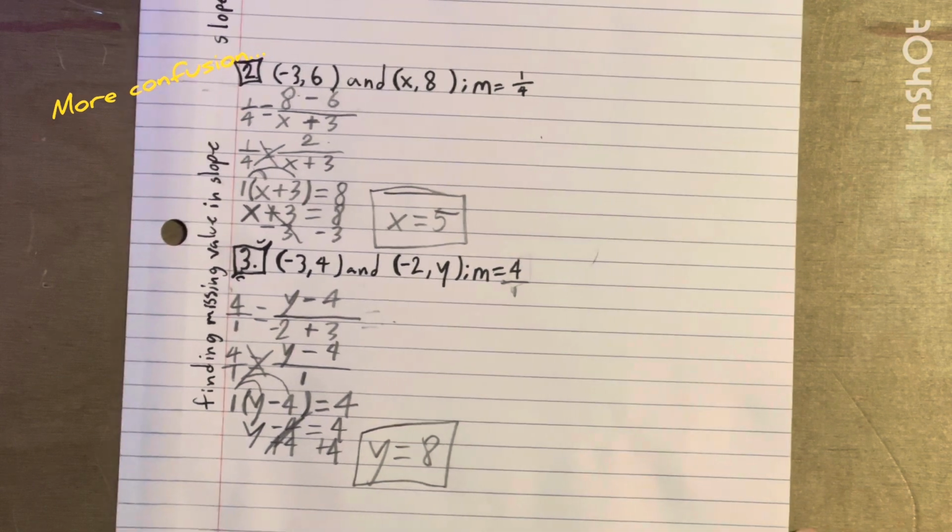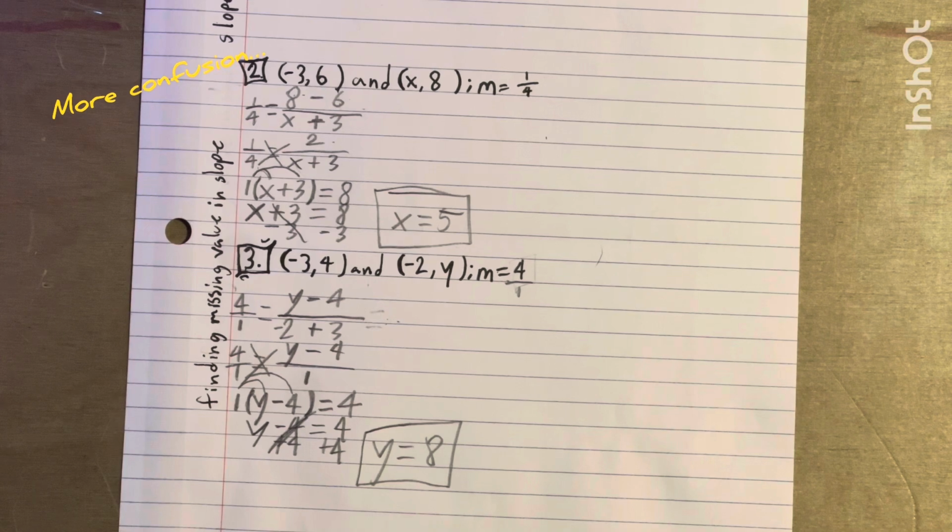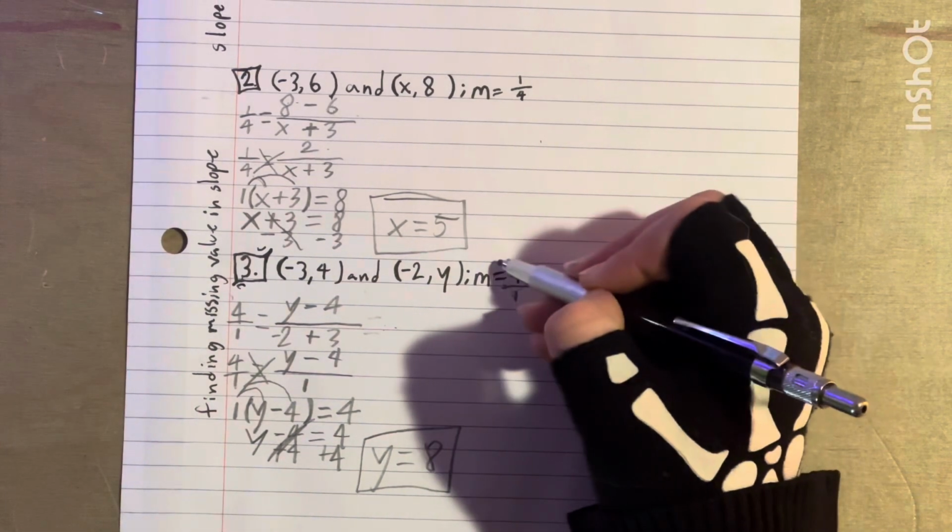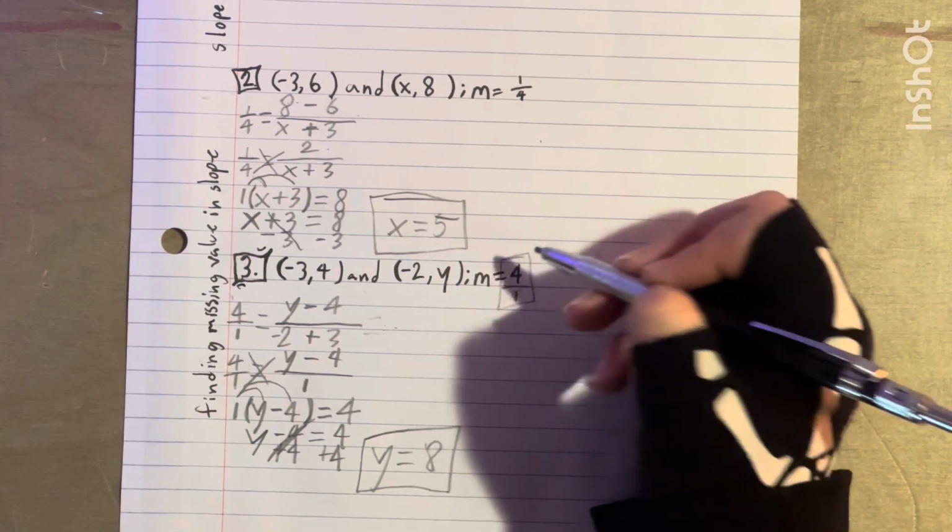It's better to write all of your steps out so that you figure out where you messed up. So, y minus 4. Okay. Y equals 8. Yeah, no, I wasn't wrong. There we go.